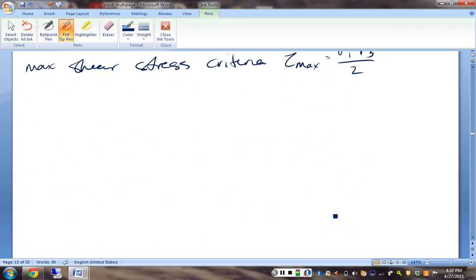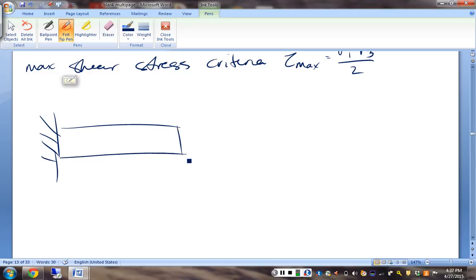So understanding how to get from some loading scenario to that arbitrary stress state drawing, our little cube of material. Let's say I have a case that's looking a little something like this, and it's a circular pipe, and I'm going to have some torsion, and I'm going to have some compression.